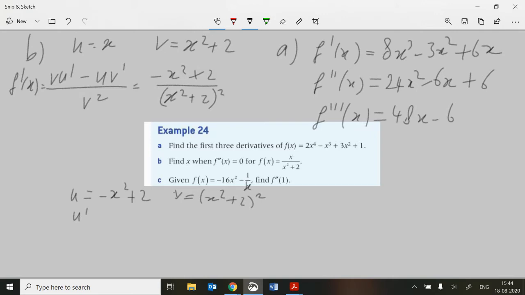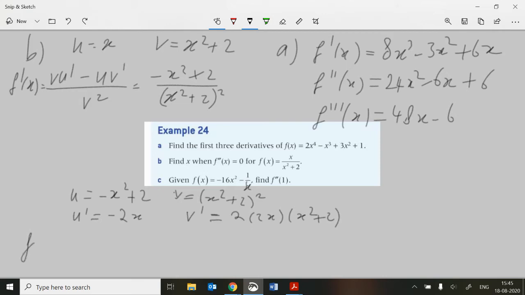This time around it's going to be a little less simple, so I'm going to write everything down. So we've got minus 2x there. What are we doing here? We're bringing the 2 in front of this thing and multiplying it by the derivative inside, and reducing the power by 1. That's just the chain rule.